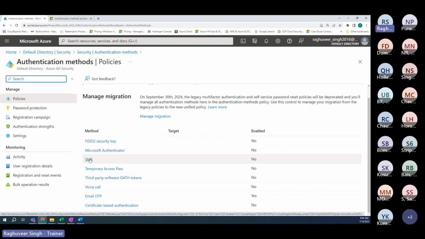SMS, there could be a cost if your telephony service provider charges you for incoming text messages. But from Microsoft side, it is free of cost. FIDO security key, it's a hardware. It requires investments. Third-party OAuth tokens, investment. Voice call, investment. Certificate-based authentication, investment. You need to configure it and spend some additional penny to leverage this service.